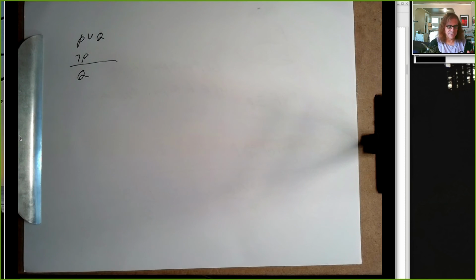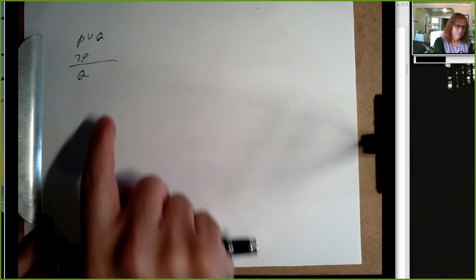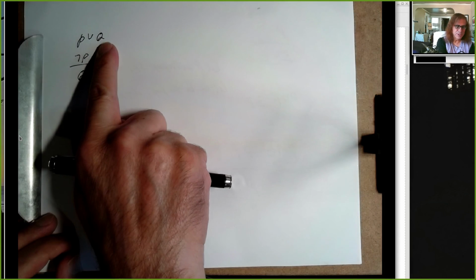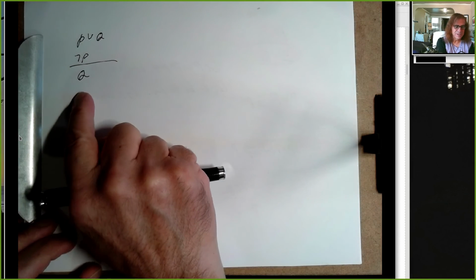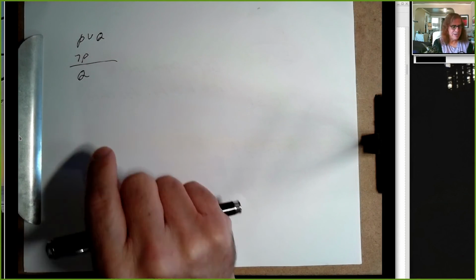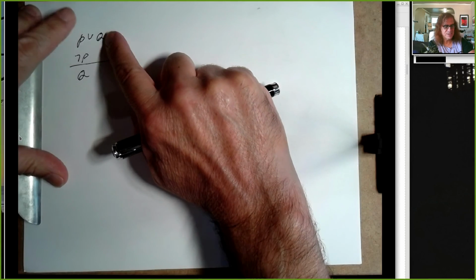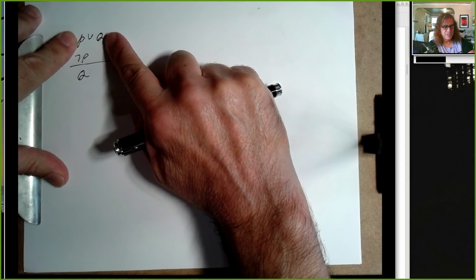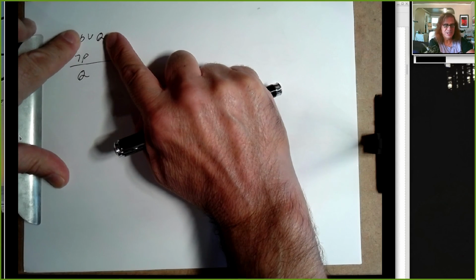So what does that look like in our vertical theorem notation? We're told P or Q is true, and we're told P is false. Q must be true. Why? Because this first statement says that at least one of these must be true. This second statement says the first one is not true. Well, then the second one must be true.